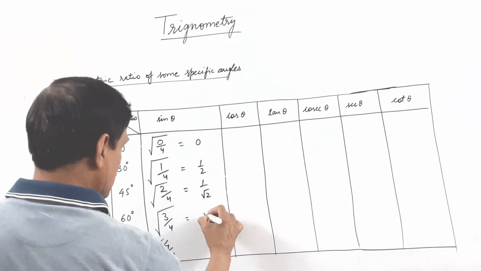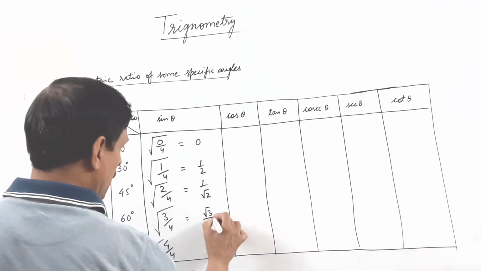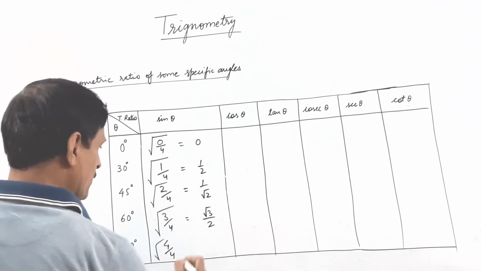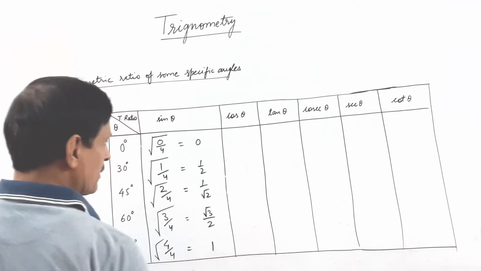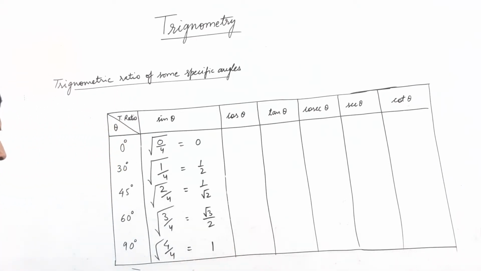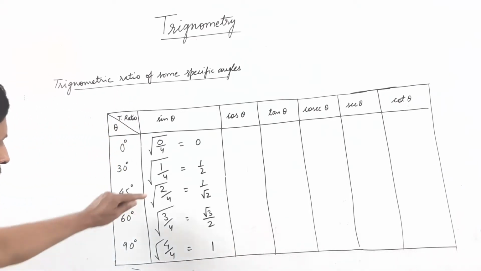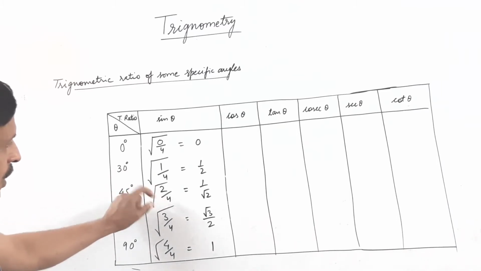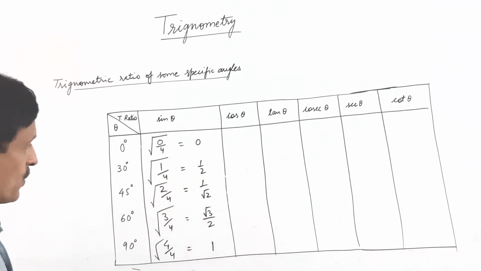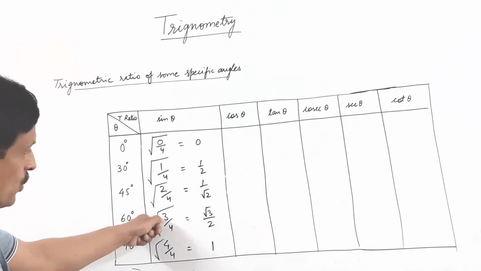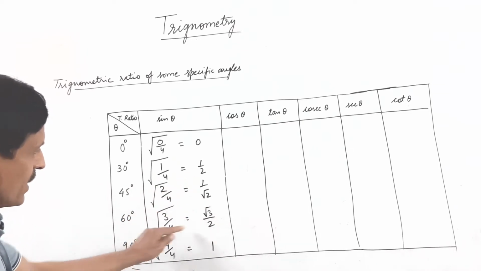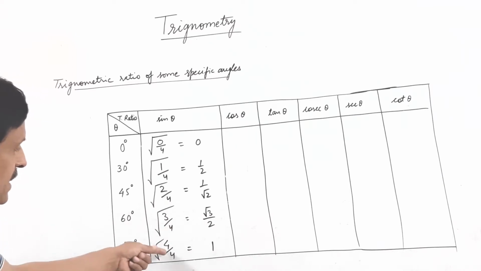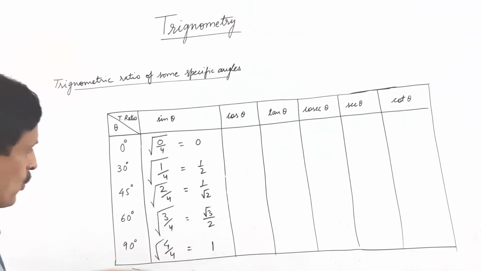This is root 3 upon 2 and this is 1. 2 upon 4 that is 1 upon 2. When we take square root, 1 upon root 2. Here root 3 and square root of 4 is 2. This is cancel 1, square root of 1 is 1.